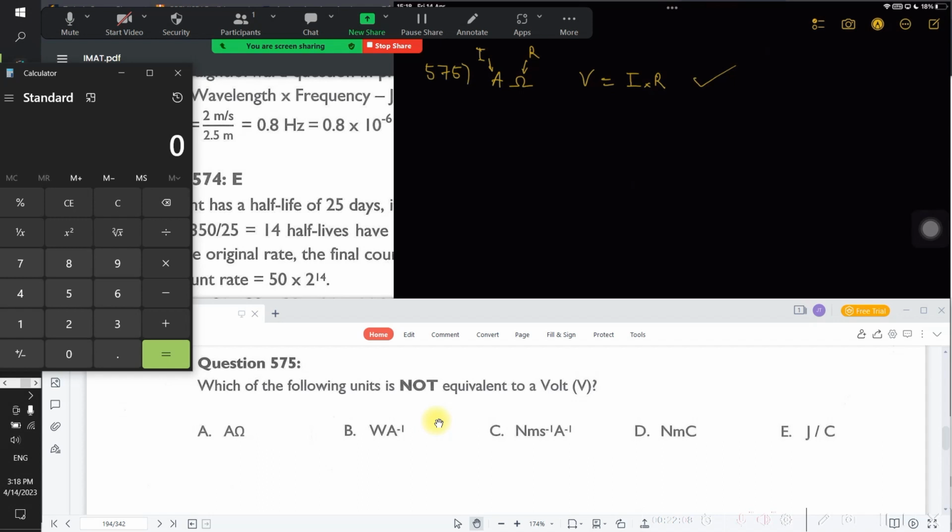B, watt divided by A. So A to the power of minus 1 is actually dividing by A, okay? So what is watt? Power is basically work done divided by time taken, right? Công suất thì là bằng công chia cho thời gian. So joules divided by second and ampere.